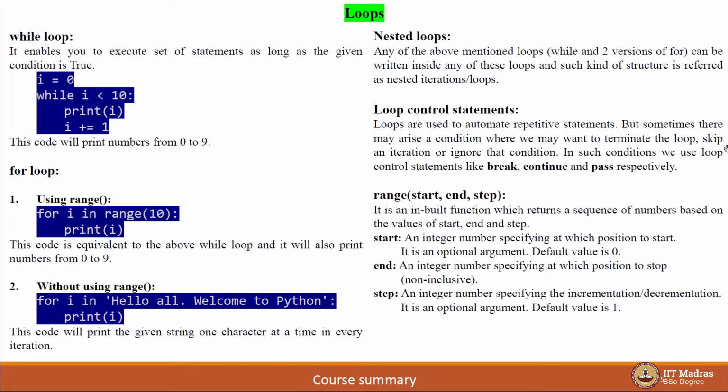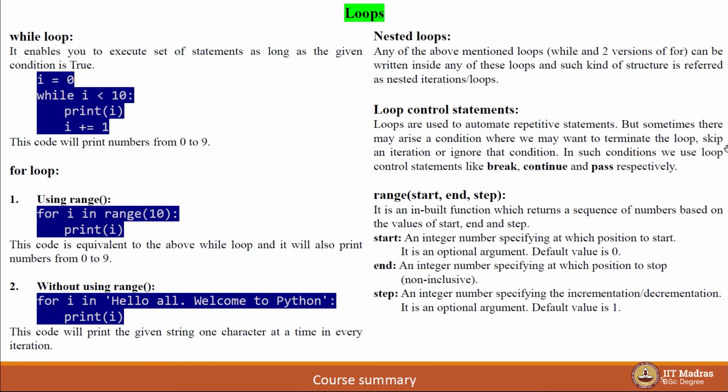Start represents the starting point for that particular range. It is an optional argument and the default value is 0. End specifies the end point for the sequence, and this end point is non-inclusive. And this particular argument is a mandatory argument.